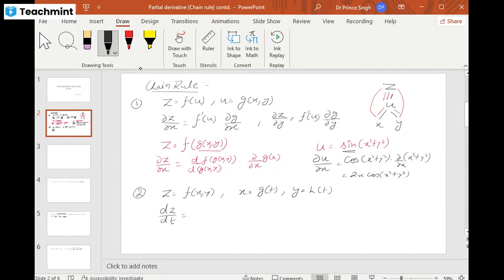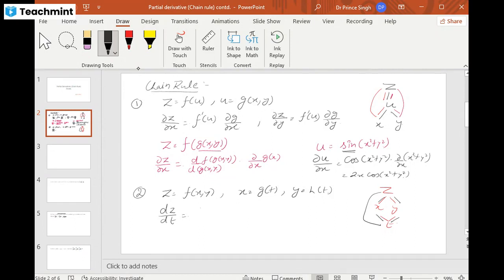So what is the derivative here? Again we follow the chain: z depends upon more than one variable, x and y, but because these two variables depend upon the single variable t, if I differentiate z with respect to t, we need to follow the chain that firstly we differentiate with respect to x, then with respect to t, and with respect to y, and then with respect to t.